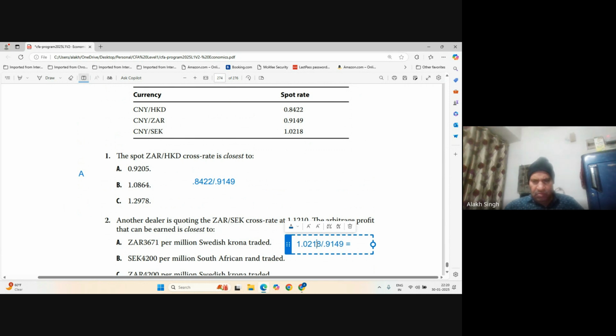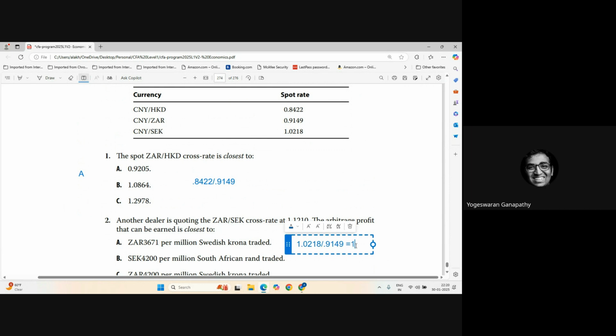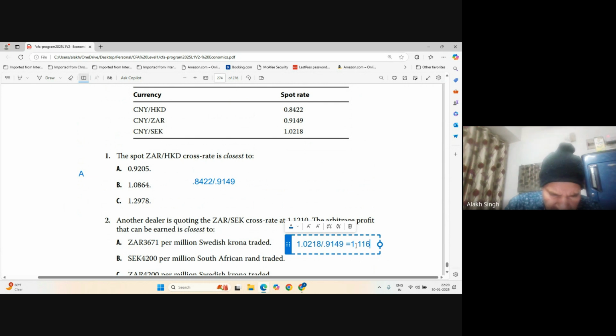1.0218 divided by 0.9149 is equal to 1.1168.